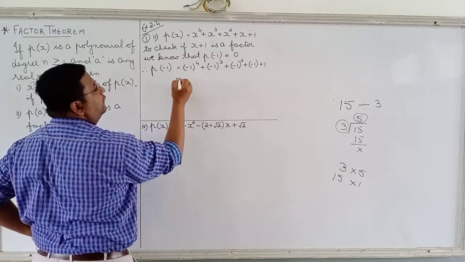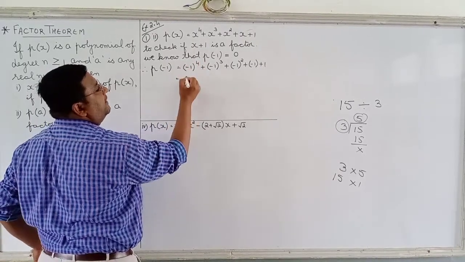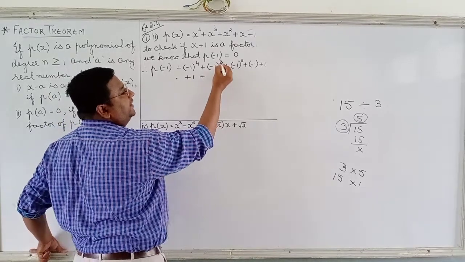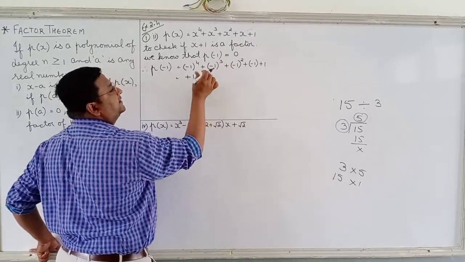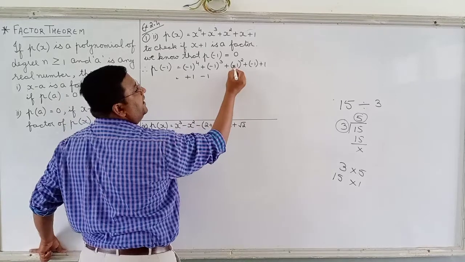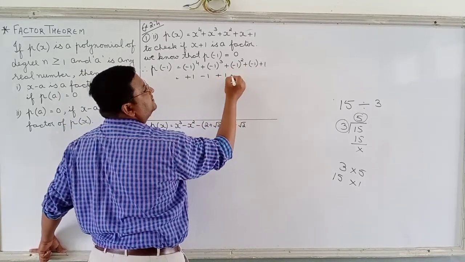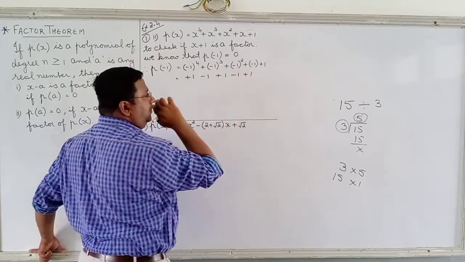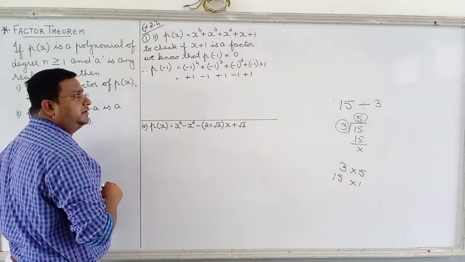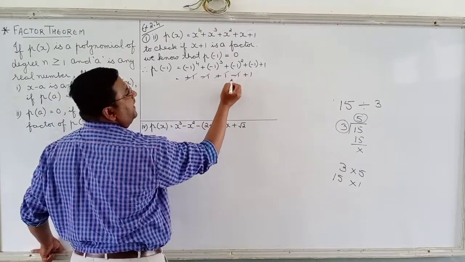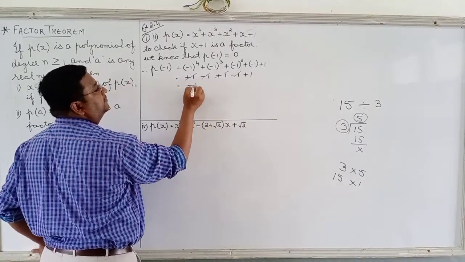A negative number raised to an even power gives a positive result, so minus 1 to the power 4 is plus 1. Minus 1 cubed is negative, minus 1. Minus 1 squared is plus 1, then minus 1, plus 1. Plus 1 and minus 1 cancel, plus 1 and minus 1 cancel. What is the remainder? Plus 1.